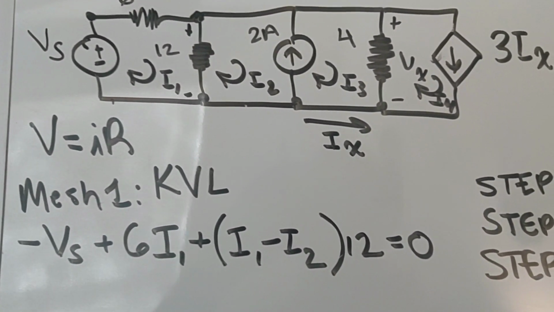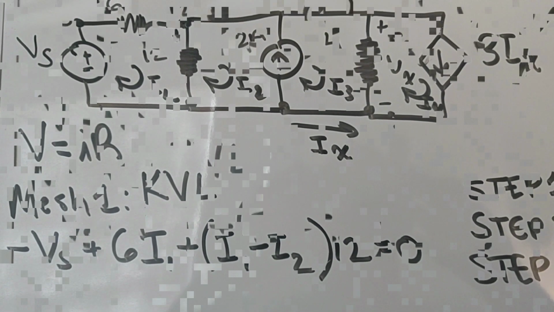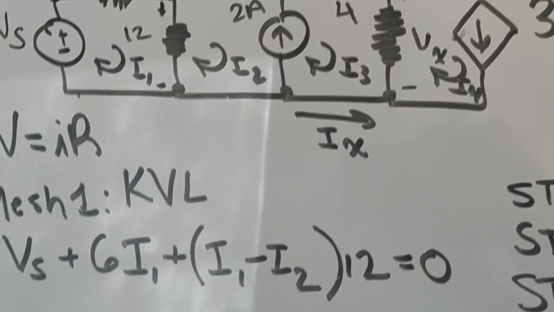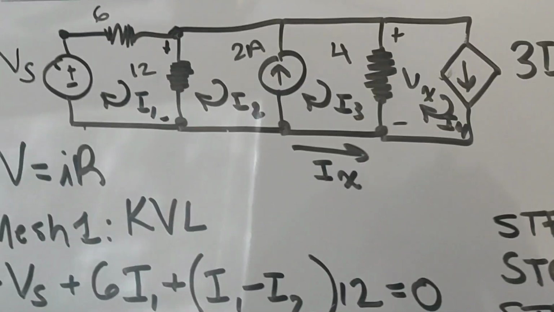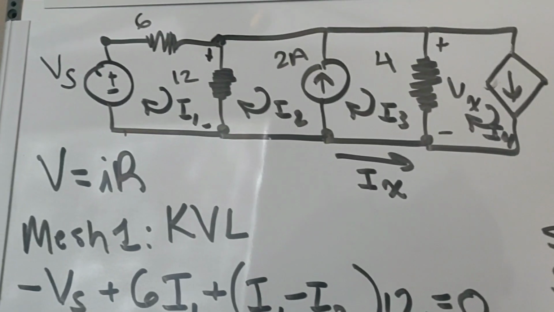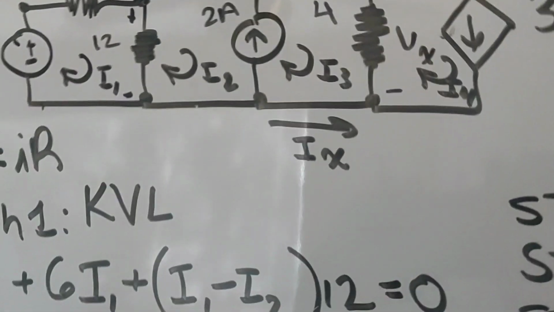I'll go ahead and explain how we use a super mesh. Because we have that current source right there, we're going to use that super mesh. Here's how I remember how to utilize it.